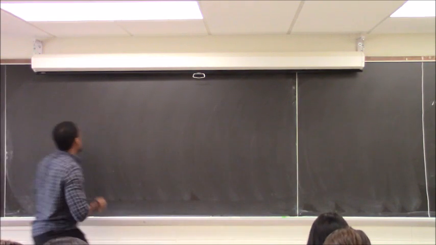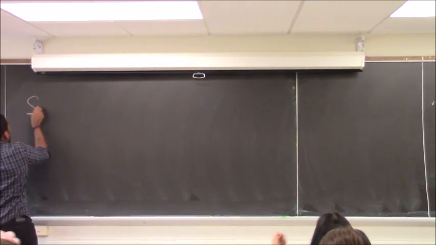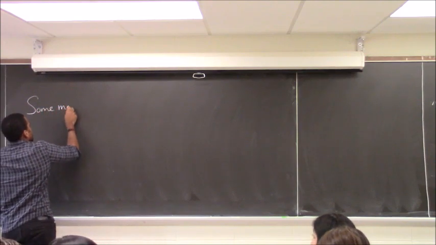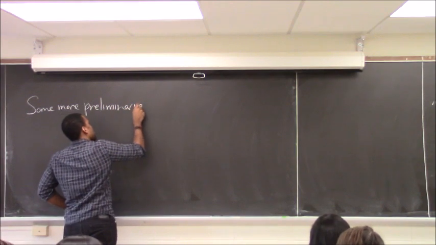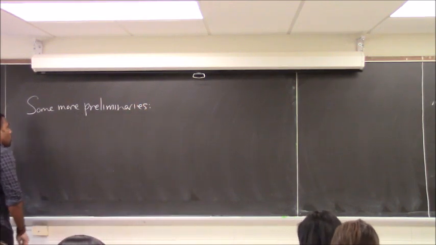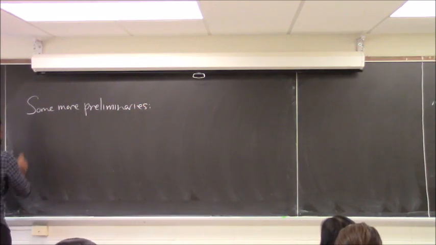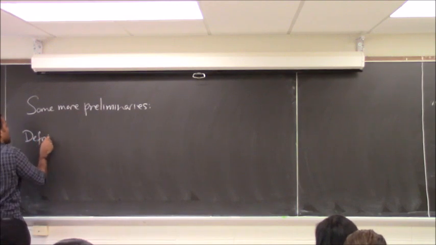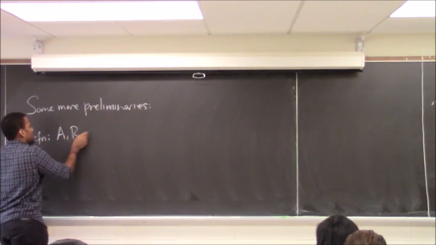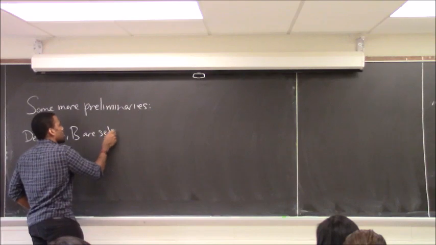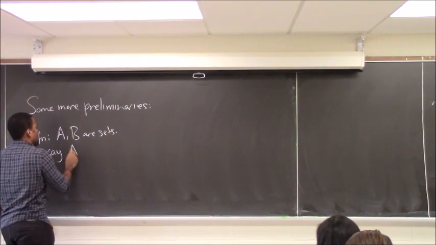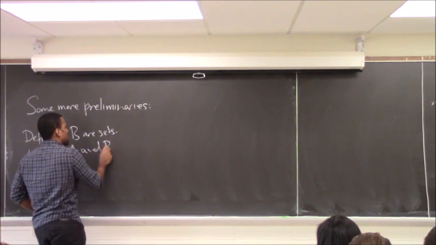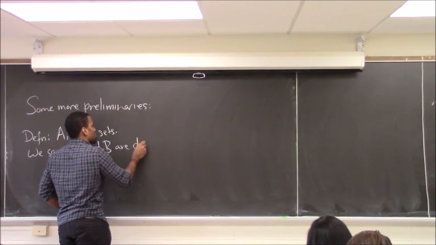But before we jump into probabilities, some more preliminaries here. One, I want to introduce a definition. A, B are sets. We say A and B are disjoint.